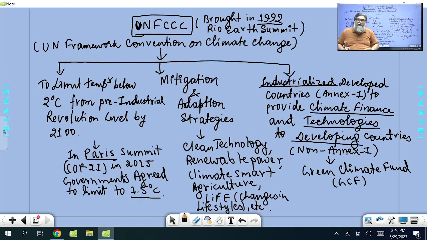The COP27 summit was held in Egypt, Sharm el-Sheikh. Loss and damage fund: what type of fund? A loss and damage fund given to the most vulnerable countries impacted by climate change, let's say island nations, Fiji and so on.